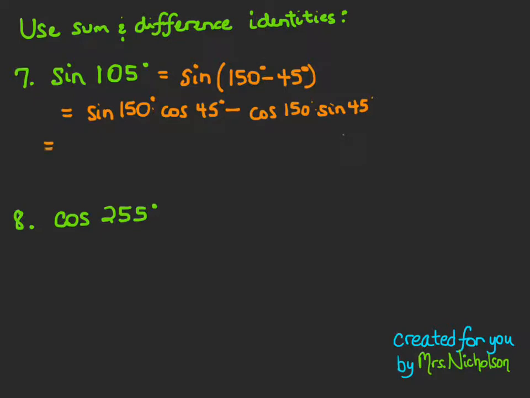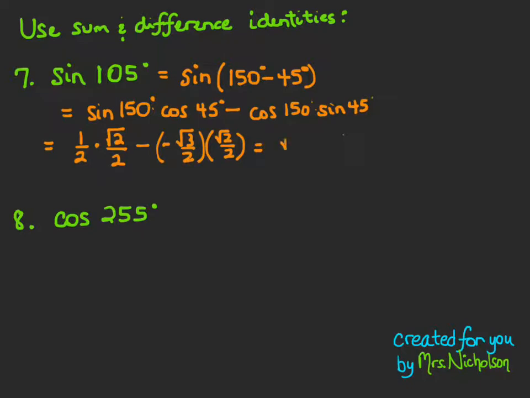And now I'm going to plug in my unit circle values. Sine of 150 is equal to 1/2. Cosine of 45 is square root of 2 over 2. Minus cosine of 150 is negative square root of 3 over 2. Negative because 150 is over there in quadrant 2. And sine of 45 is, of course, square root of 2 over 2.